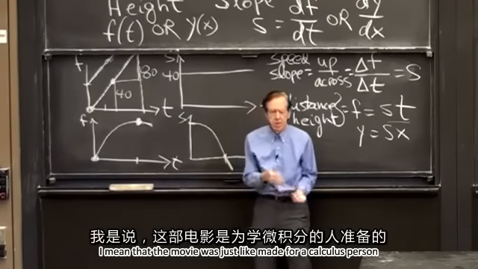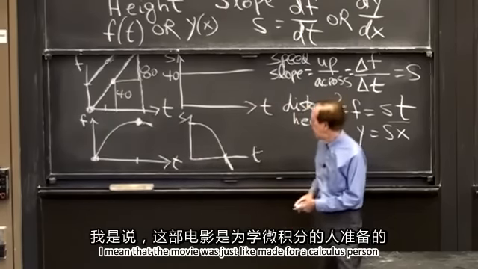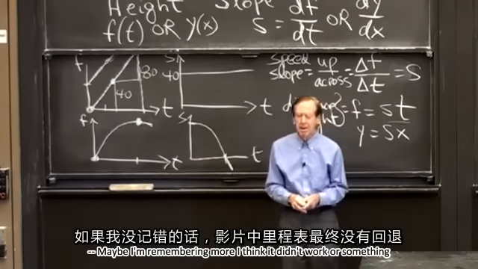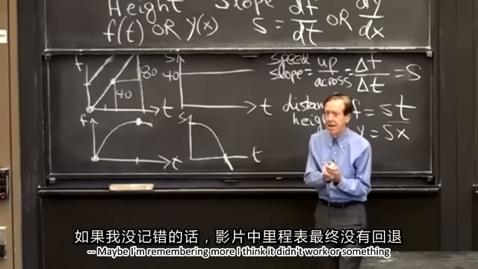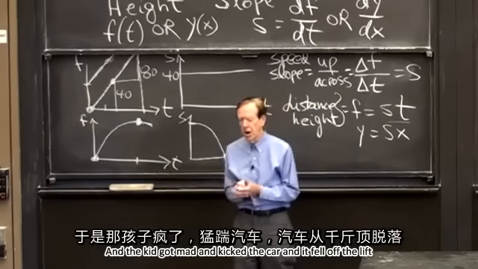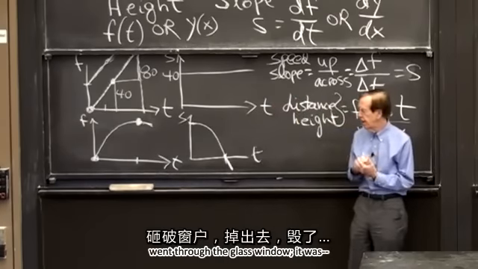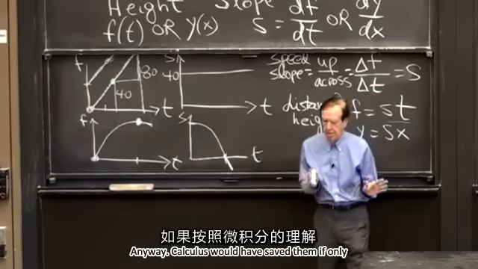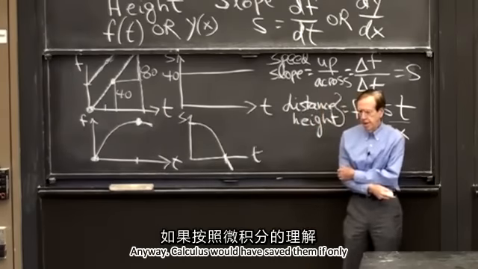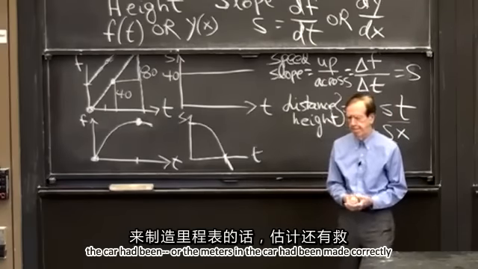I mean, that movie was just made for a calculus person. Maybe I'm remembering more. I think it didn't work or something. And the kid got mad and kicked the car, and it fell off the lift, went through the glass window. Anyway, calculus would have saved him if only the meters in the car had been made correctly.